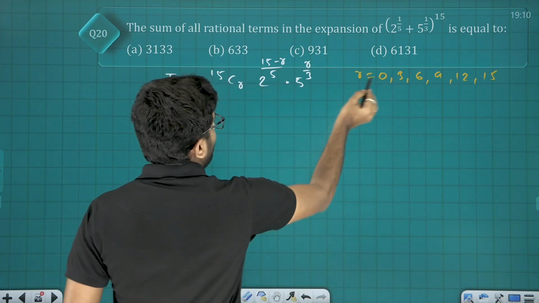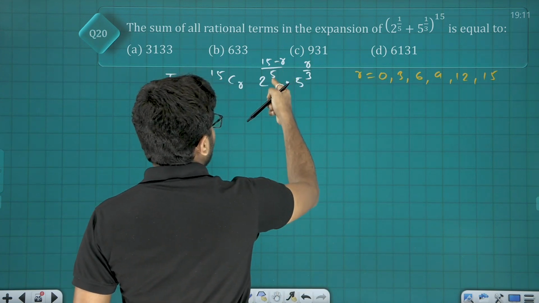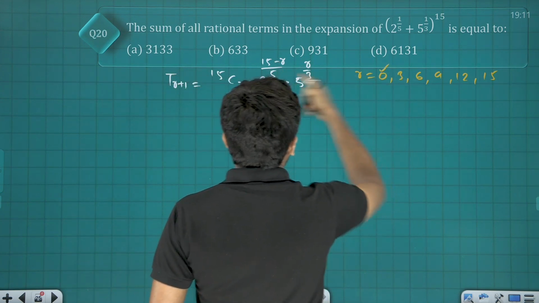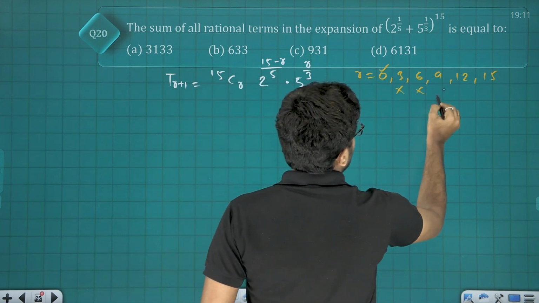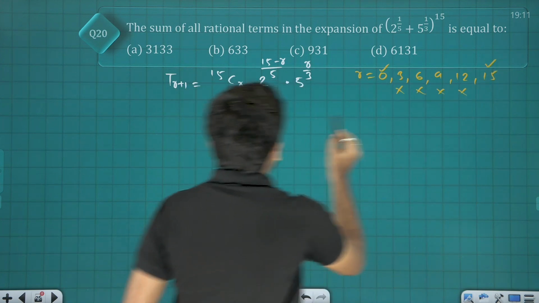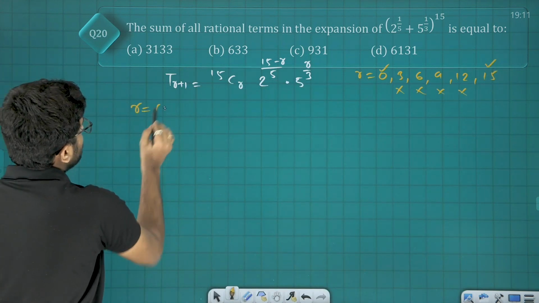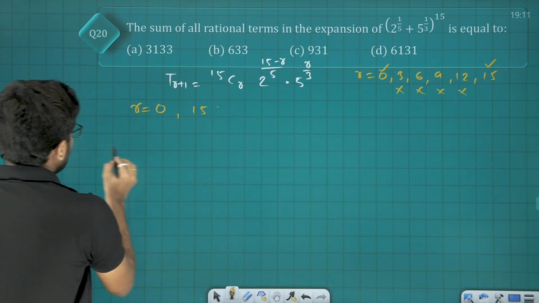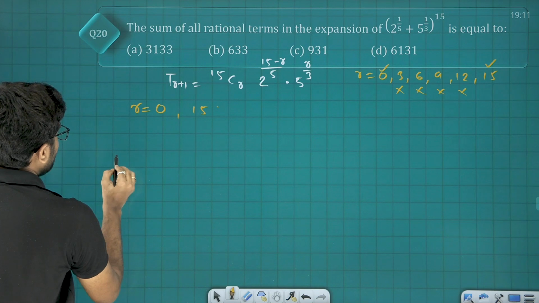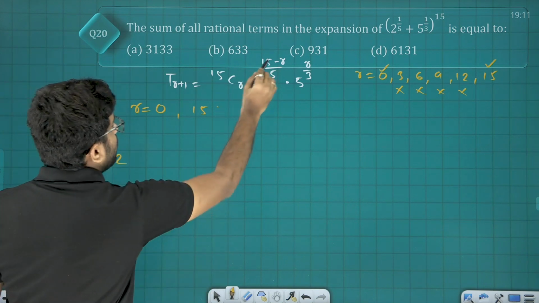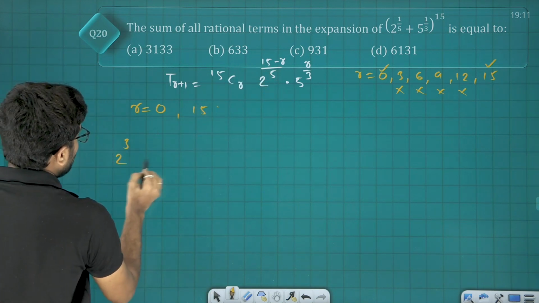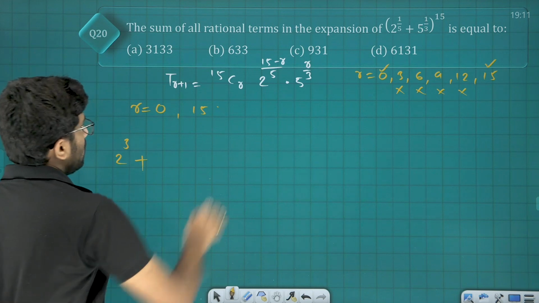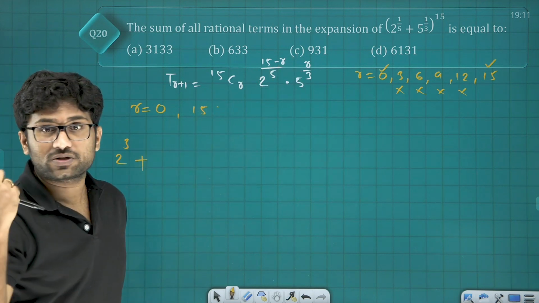But if R equals 0 here, 15 by 5 is 5. Yes, R can be 0. R not 3, not 6, not 12. So R can take only 0 and 15. So if R is equal to 0, that means 15C0, 1, into 2 power 15 by 5. 15 by 5 is 3, so 2 cube, 8, plus, because 5 power 0 is 1.